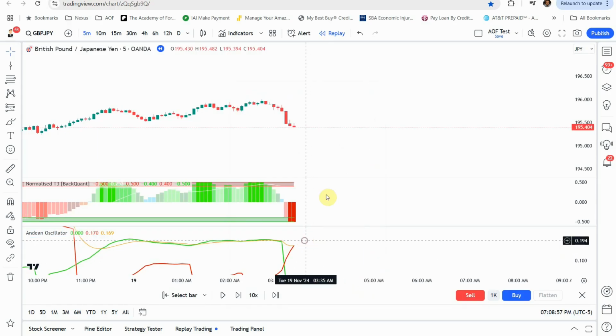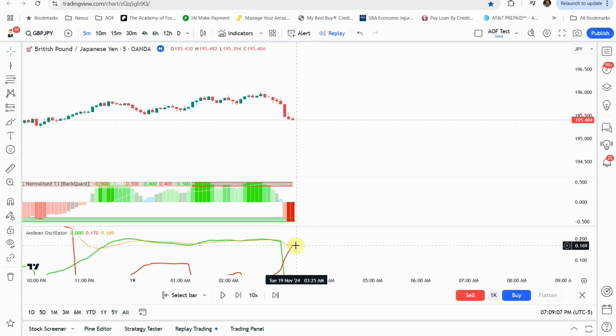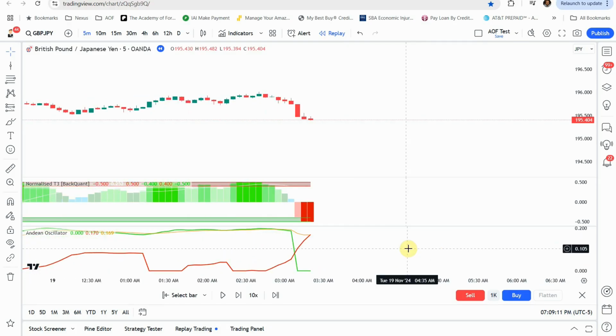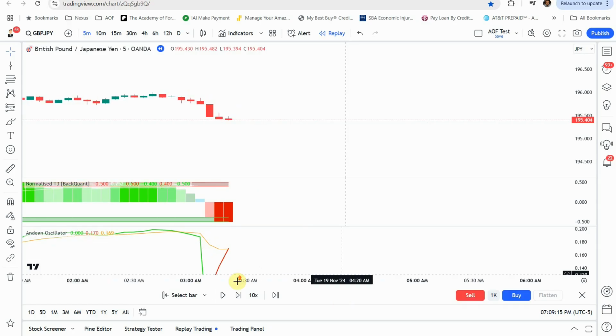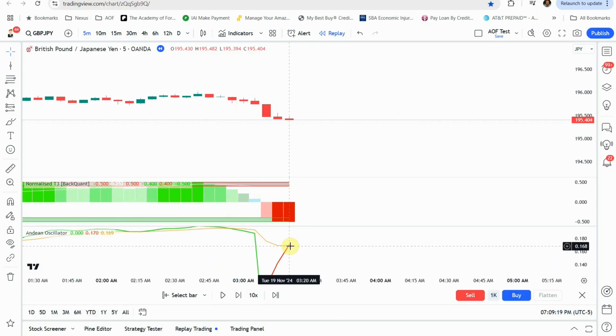What we're looking for in a short trade, as an example, is when the Andean oscillator red line crosses up above the orange and the green line at the same time. It's kind of hard to see, so I'll try to zoom in on it here the best I can. You can see right here that the Andean oscillator red line crosses up above the orange right there, and the green is well down below it as well.